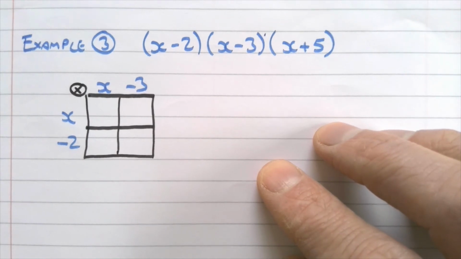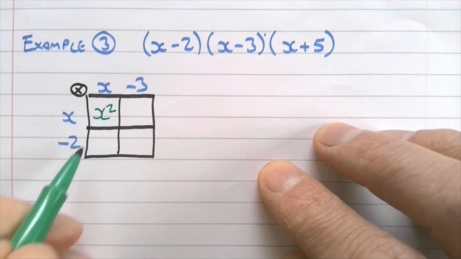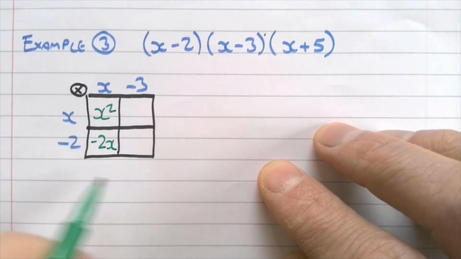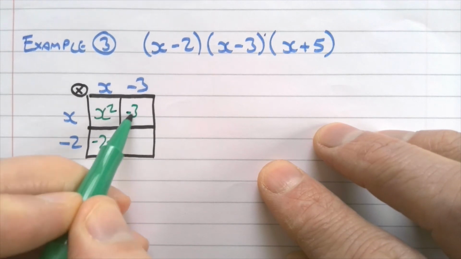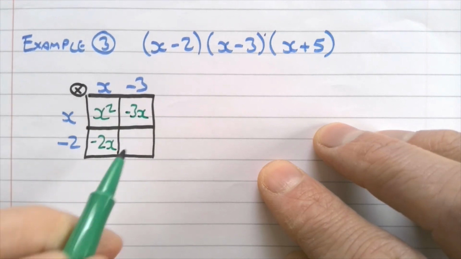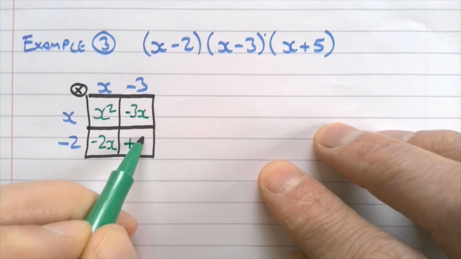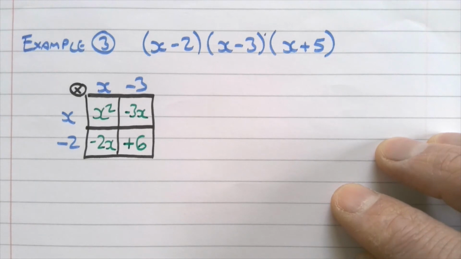So x times x is x squared, minus 2 lots of x is minus 2x, x times minus 3 is minus 3x, and negative 2 times negative 3 is positive 6. Okay, 2 times 3 is 6, negative times negative is positive.